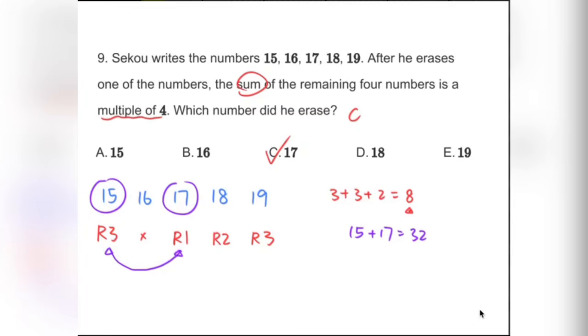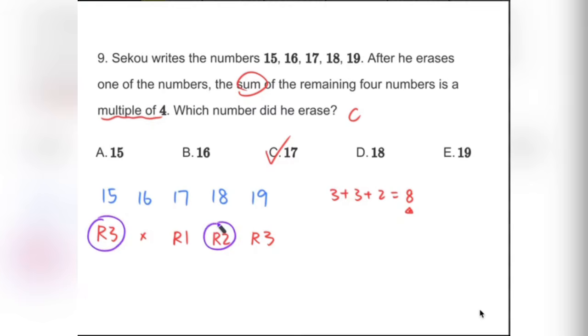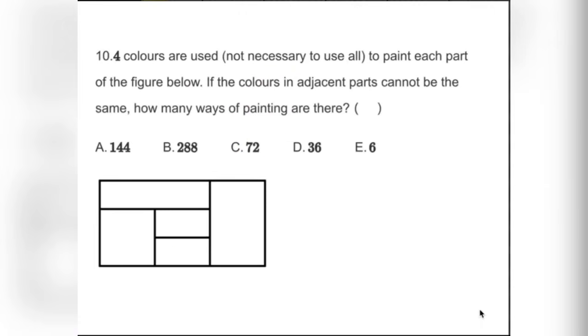If you can pair up the remainders, then you can make sure that the sum is divisible by 4. So back to the question, what did we do just now? We paired R3, R2, R3, and we get 8. 8 is divisible by 4, which means the 3 numbers will add up to a number that is divisible by 4.